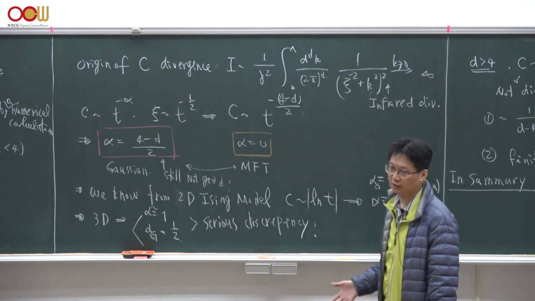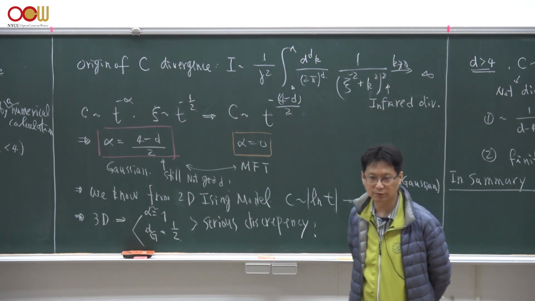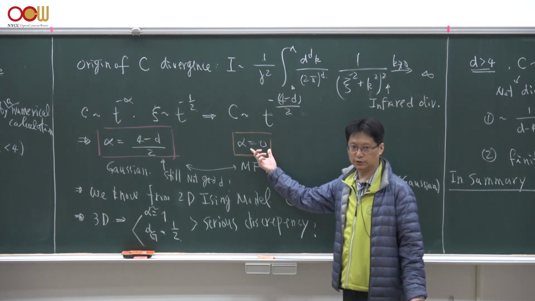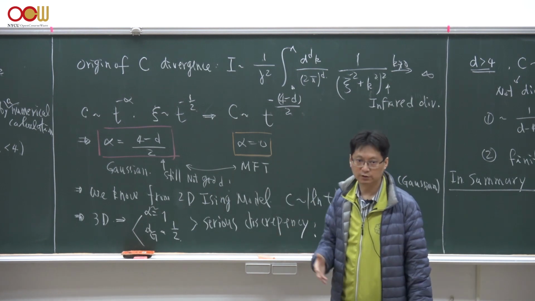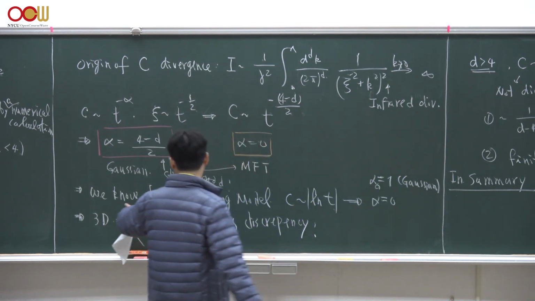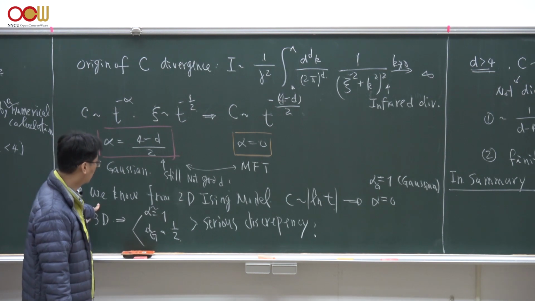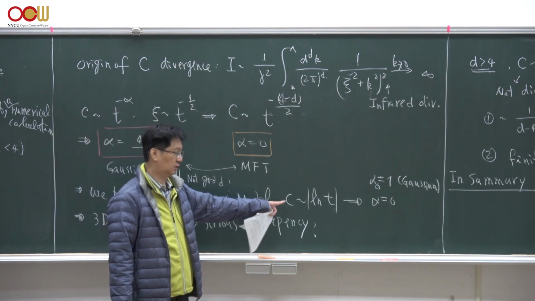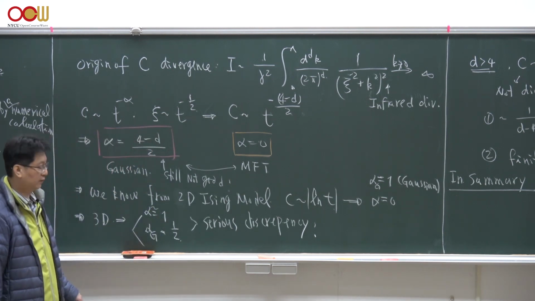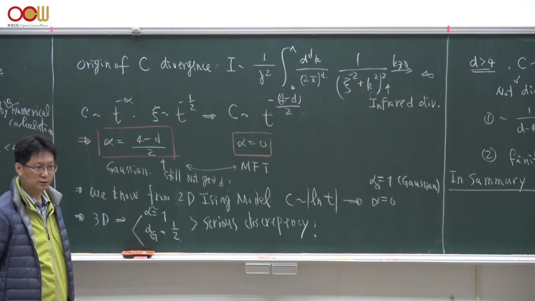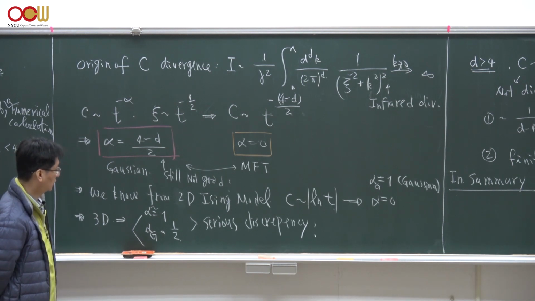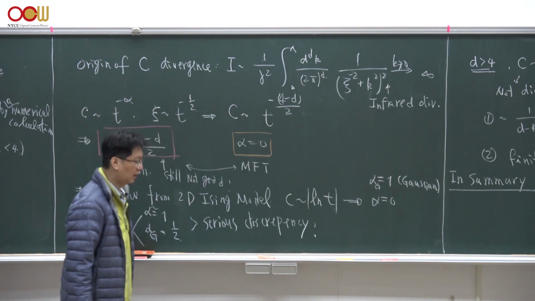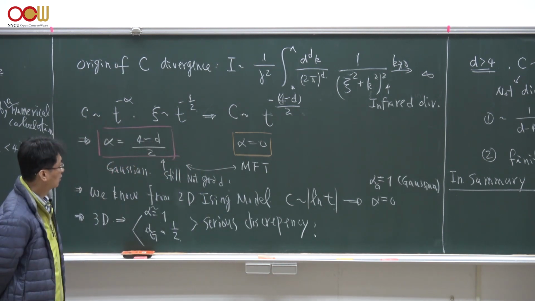It looks like the Gaussian approximation improves the mean field theory predicted value of zero for alpha, but still this prediction is not good enough, because we know the rigorous results for the two-dimensional Ising model, where the specific heat depends logarithmically on little t as little t approaches 0 at the transition, leading to zero for alpha for a two-dimensional Ising model, a very rigorous result.